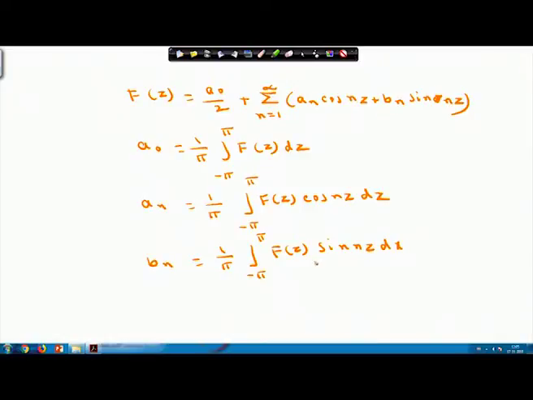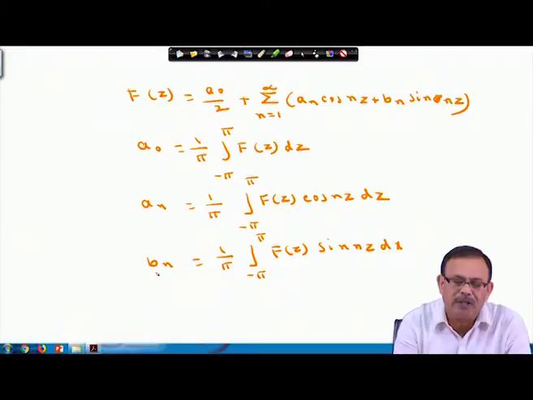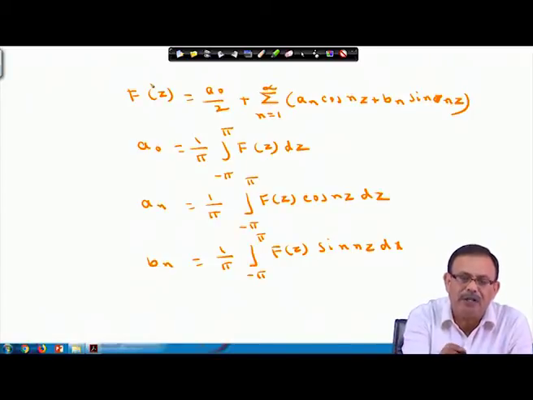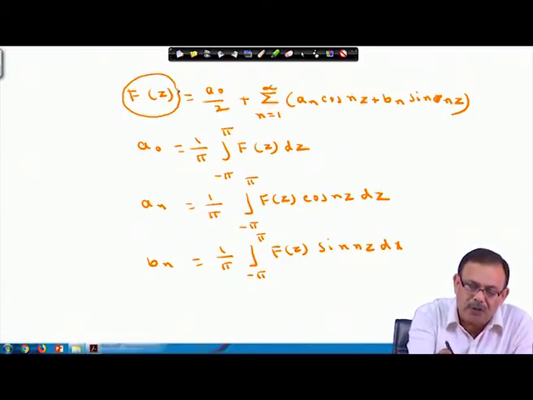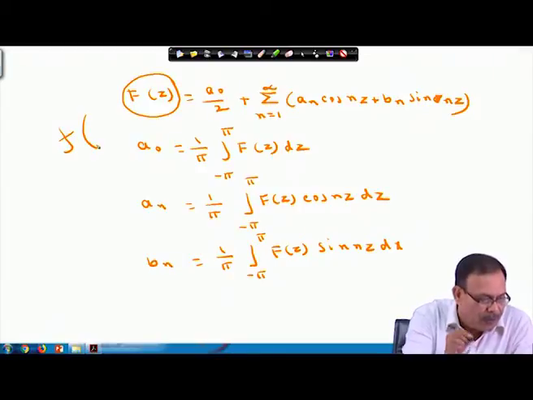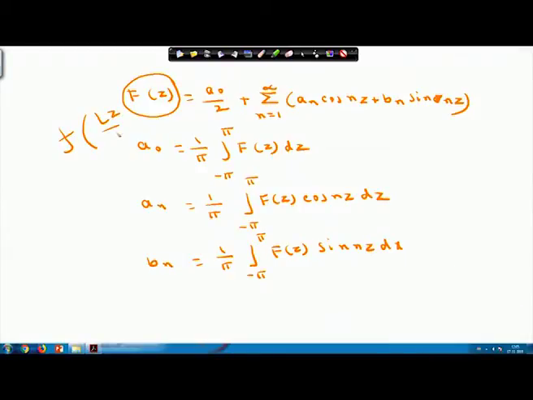So, now this F(z) I can replace by small f of L z by pi, because capital F(z) is nothing but a function of z, which equals f of L z by pi.